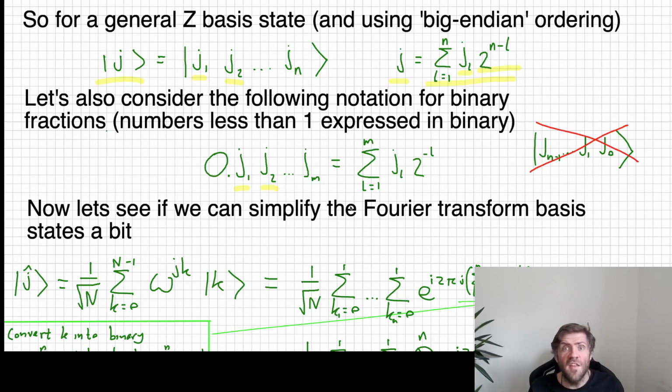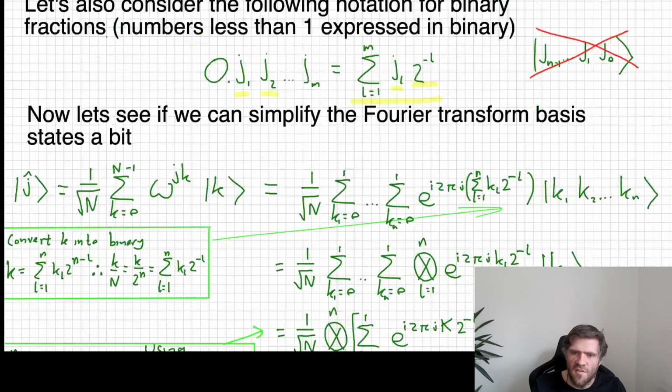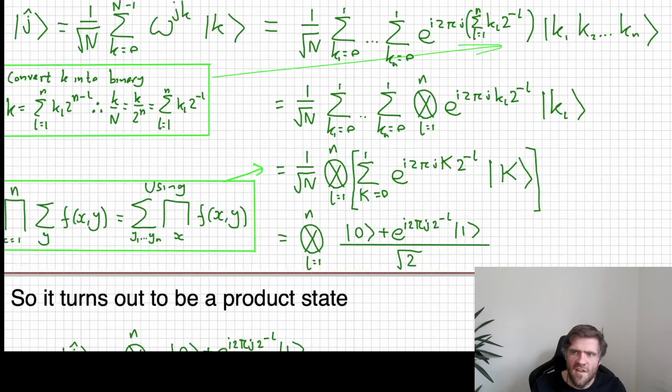And then for this fraction, we get the nice way of writing it down: jl corresponds to 2 to the minus l. So that's why we're using the most significant digit with the least index, because we're mostly going to be working with fractions.